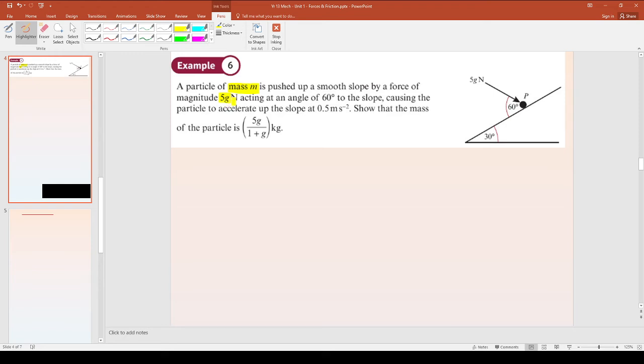If you take, say, well, physics certainly, but also engineering, you'll often do stuff in general like this, which is why it's cool. At an angle of 60 degrees to the slope, causing the particle to accelerate up the slope. So it's important that it's up, and it's at 0.5 meters per second squared. Now it says, show that the mass of the particle is this. Okay, so there we go.